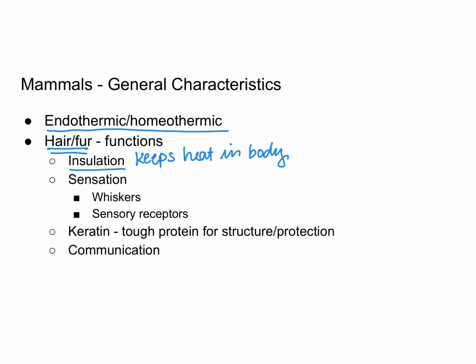Mammals also have this tough protein known as keratin. This protein is used for structure and protection, and it is found in structures such as the skin, hair or fur, and nails or claws. Hair can also be used for communication.